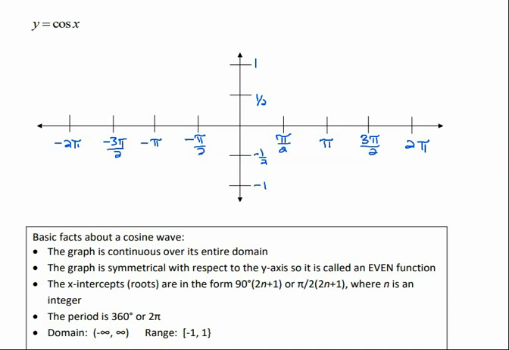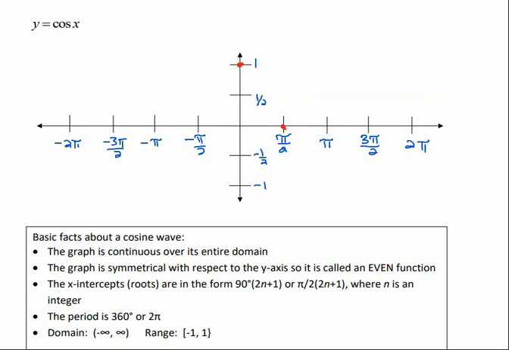Alright, so now we have the same values as we did on the sine curve, and if you'll remember, the x values, when we go on our unit circle, for 0, when we're at 0 degrees or 0 radians, the x value is 1. So our cosine curve is going to start at +1. And then when we get to 90 degrees, or pi over 2, the x value is 0.